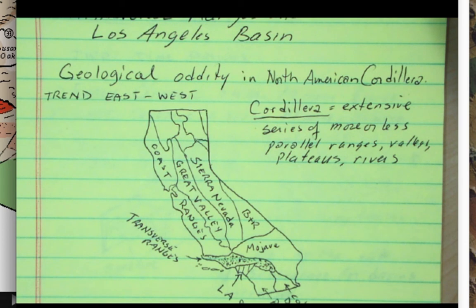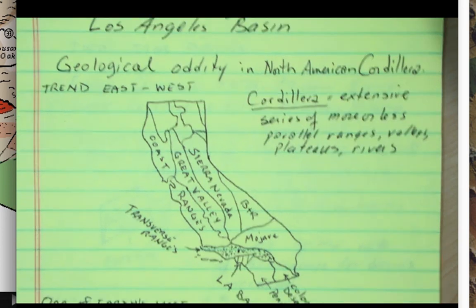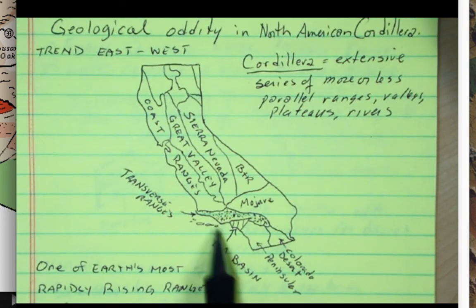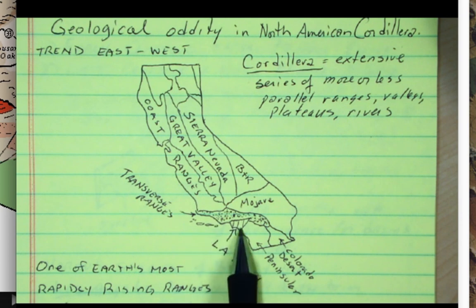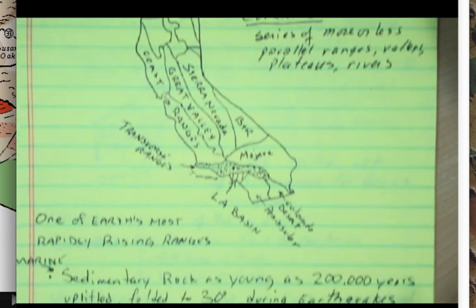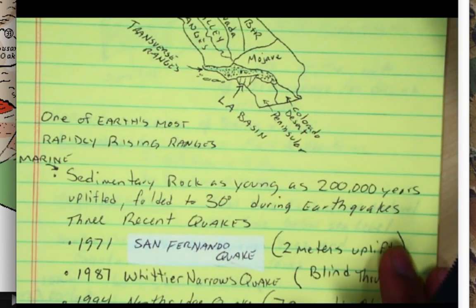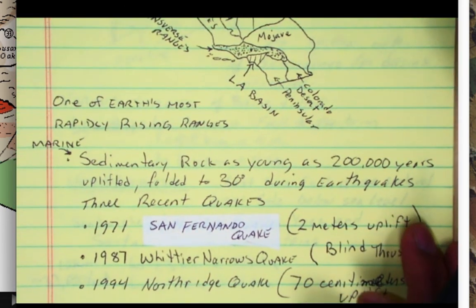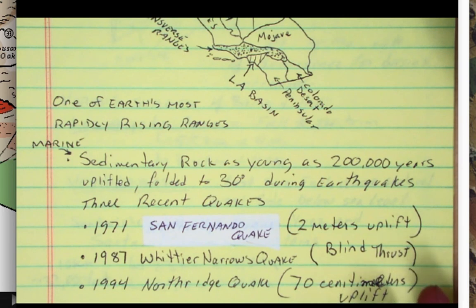It goes all the way from Alaska down into Mexico, from the coastline to the Rocky Mountains. So it's a very large region. And so you can see here our Transverse Ranges run east-west. And so we'll look at the Transverse Ranges, and then here's the LA Basin, again, really part of this Peninsular Ranges province.